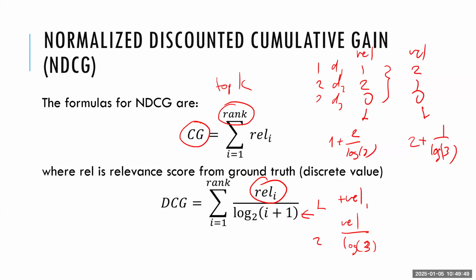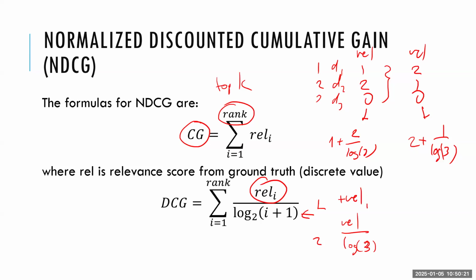On the right side, basically you only lose a little bit of the score, because the relevant score 1 has a discount, but for 2, you get the full 2 points. But for the first ranking, for the 2 score, you don't get the full 2 score. You got discounted by log 3.